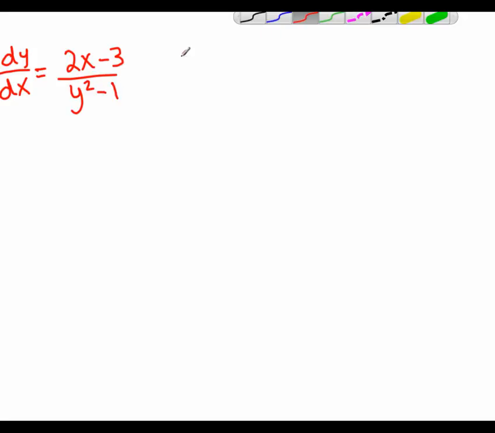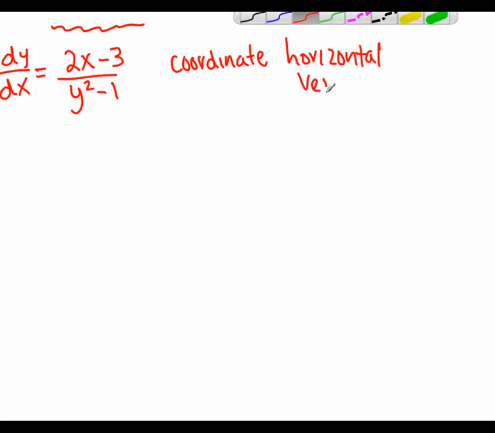And I ask you to find the coordinates in which the curve that you're given here has a horizontal tangent line or a vertical tangent line. Okay?